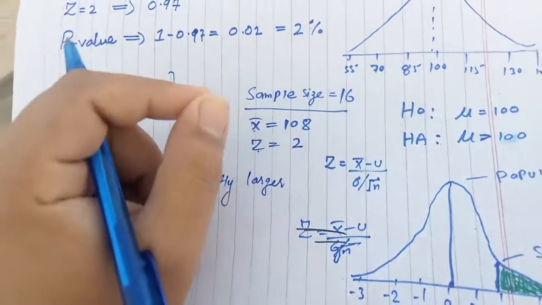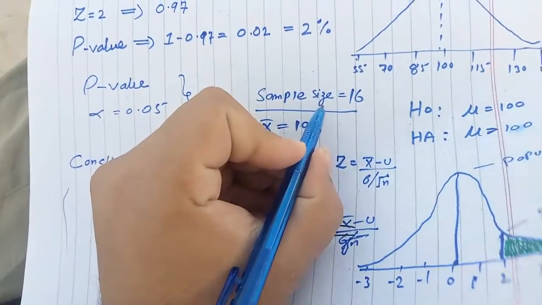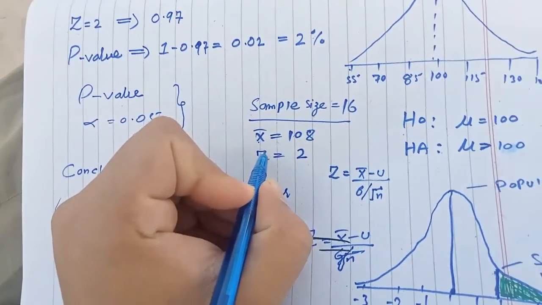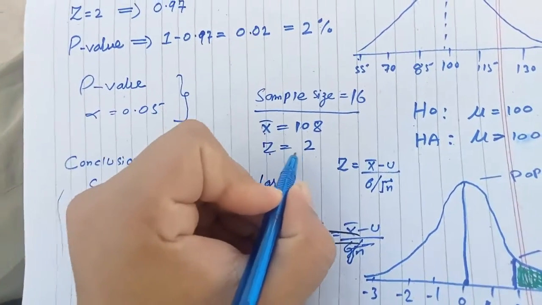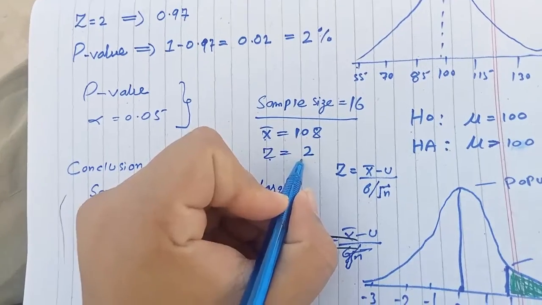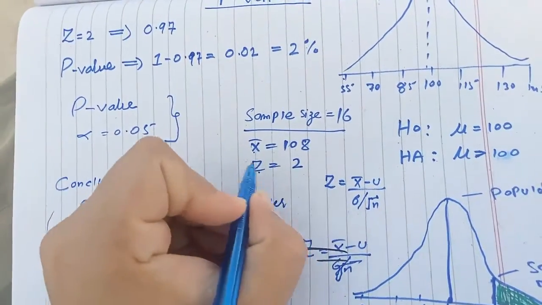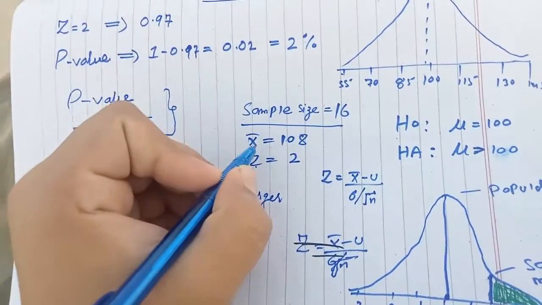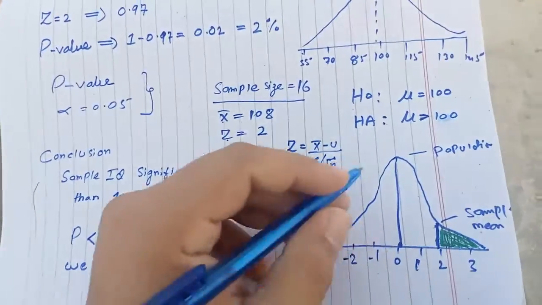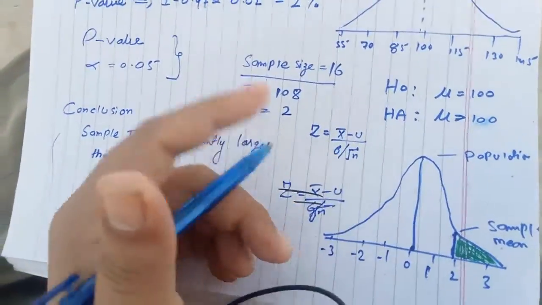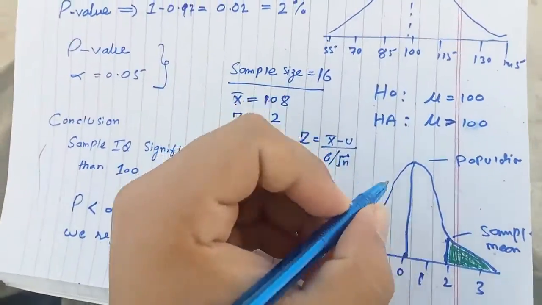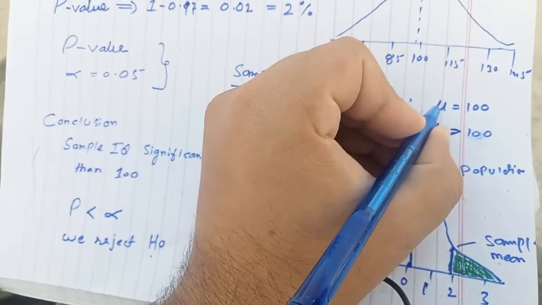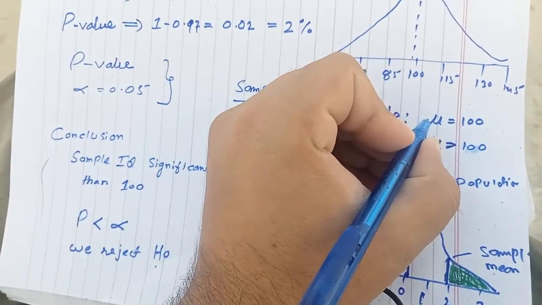As we know, we do the hypothesis testing on a sample. We will take a sample of size 16 and calculate the sample mean. As we are doing the z-test, we will calculate the z, which is 2, with this formula. When we plot the sample mean on the z-score, we find that the population mean is at the center, as stated in the null hypothesis, that the average IQ score of the population is 100.